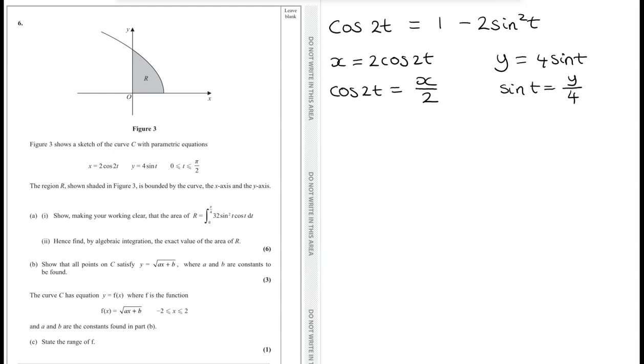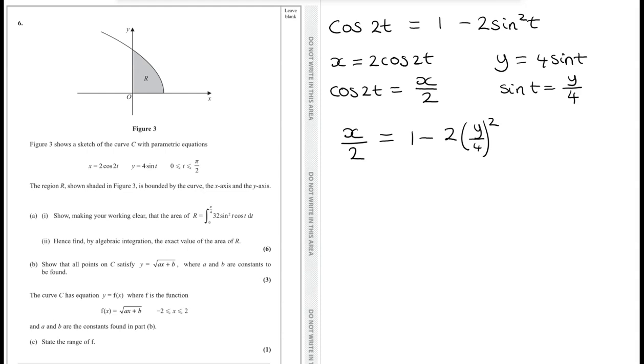And now I can just simply sub them in. Where I see cos 2t, I can replace that with x over 2. And sine squared t, well, sine is y over 4, so sine squared is going to be y over 4 squared.